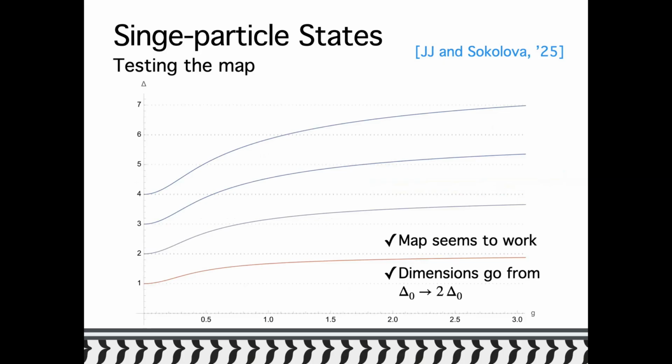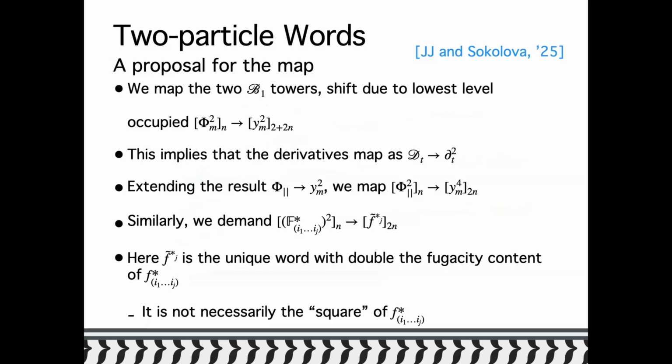Here, the first state is just this phi parallel state, which was already known since 2020, which goes to a state with dimension 2. The state with dimension 2 has spin 1, the state with dimension 3 has spin 2, the state with dimension 4 has spin 3, and they all double their dimension. So this is consistent with the map that we proposed for single particle states.